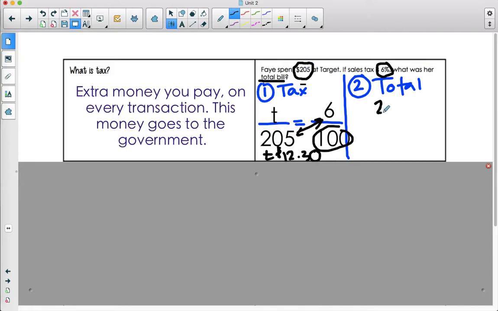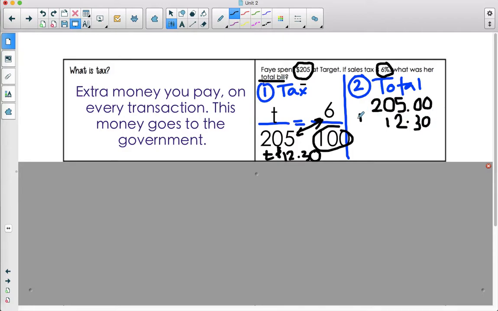$205, because I have to actually buy the stuff that I picked out. Okay, let me try that again. So 205. Now, I know I'm going to need a decimal point here, so I'm going to put 0.00, because I have $12.30 for tax, and I need to line up those decimal points.